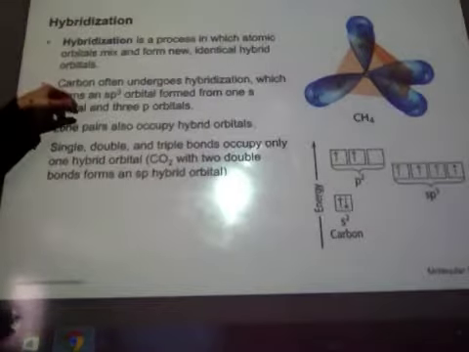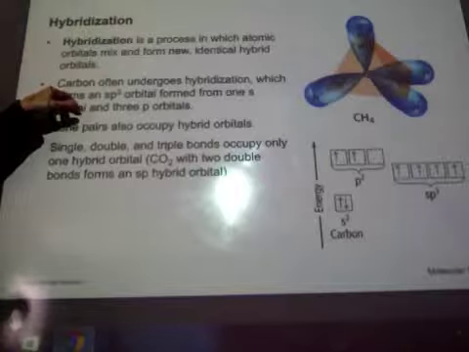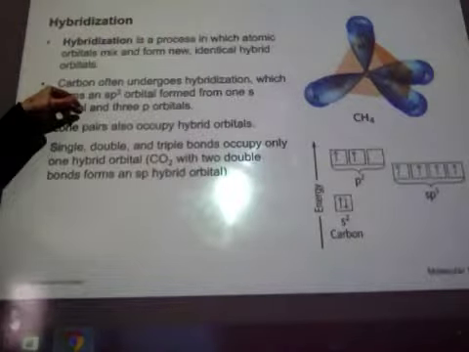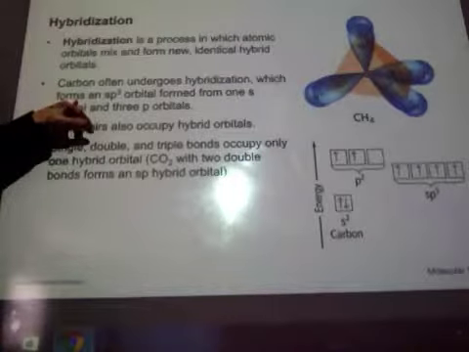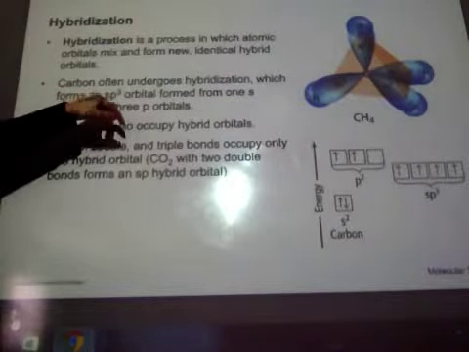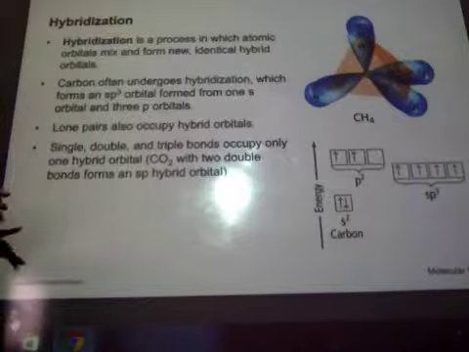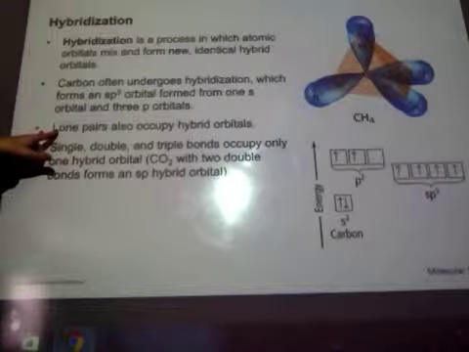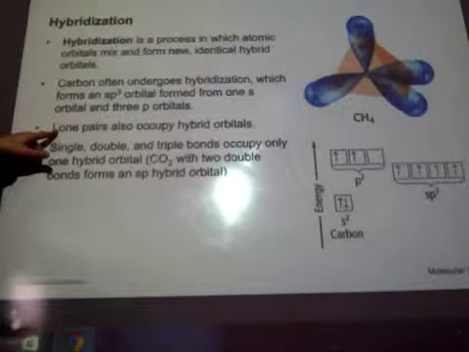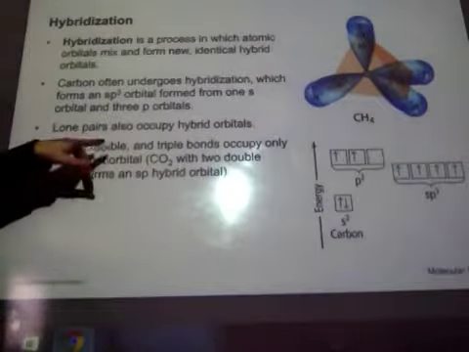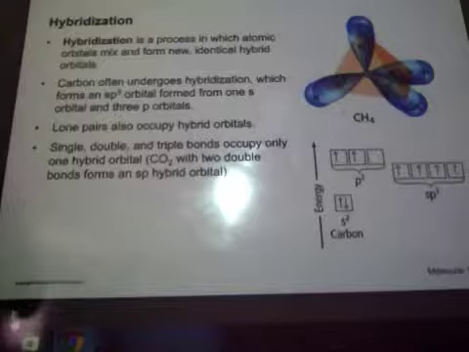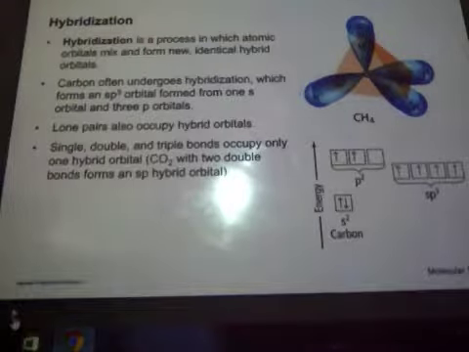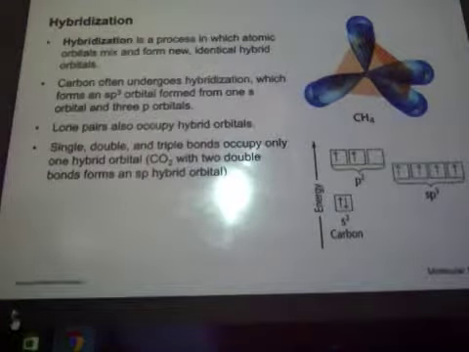Carbon itself often undergoes hybridization because it can bond with so many different things, and carbon is usually going to form an sp3 orbital. Lone pairs can also occupy orbitals. Single, double, and triple bonds are only going to form one orbital, or one hybrid.